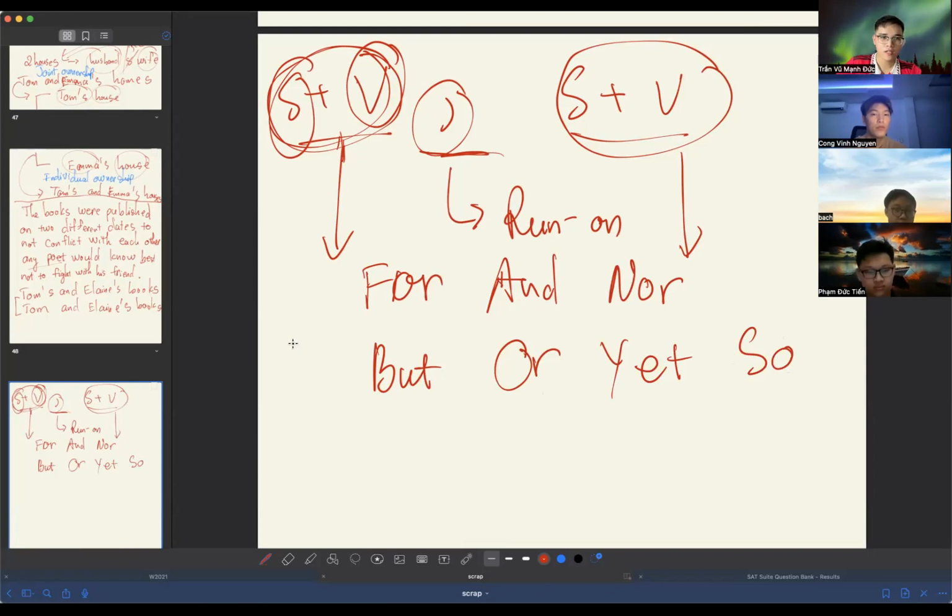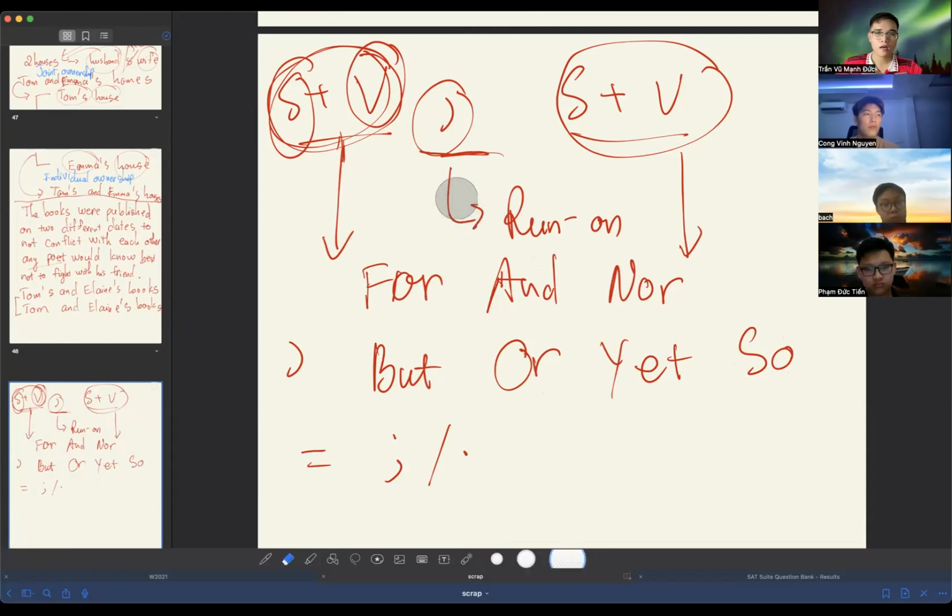If you combine this with a comma, it will become a semicolon, or it will become a period, right? So a semicolon or a period is the punctuation you can use to separate two complete clauses, right? Not a comma. So anytime you encounter a punctuation question on the SAT, it's basically having you find out which one is the subject and which one is the verb.